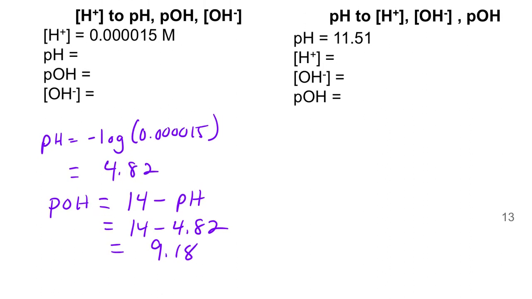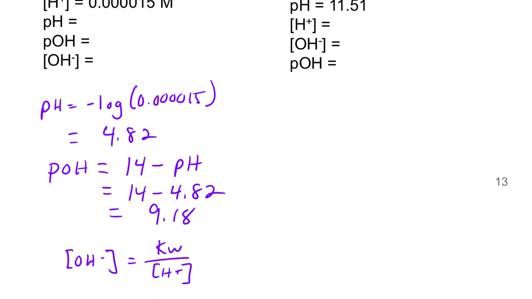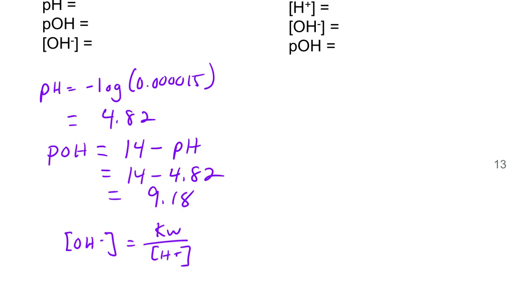For OH minus, we could use our OH minus concentration is equal to Kw over the concentration of H plus. Or we could do the inverse log, which I guess I haven't shown.